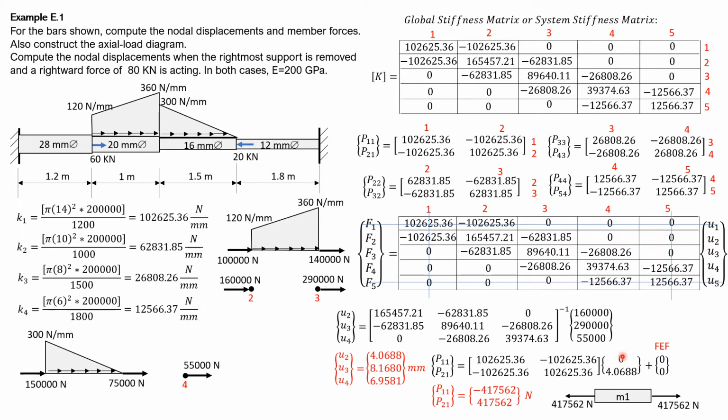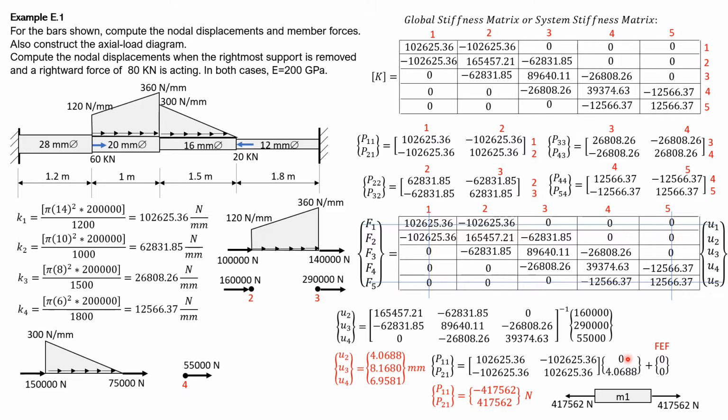Then multiplied by the displacements, which is 0 for U1, and U2 is 4.0688, plus the fixed forces. Since there are no fixed forces in member 1, so plus 0, 0.